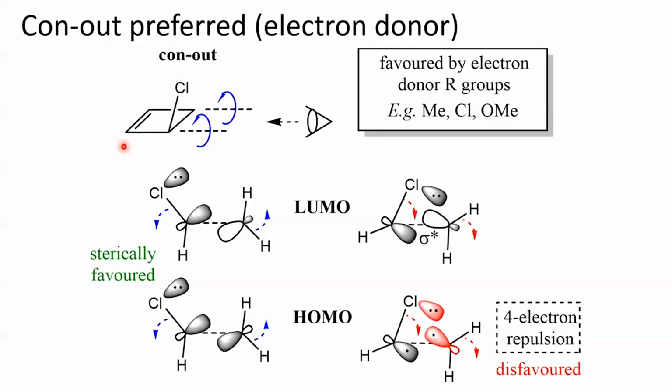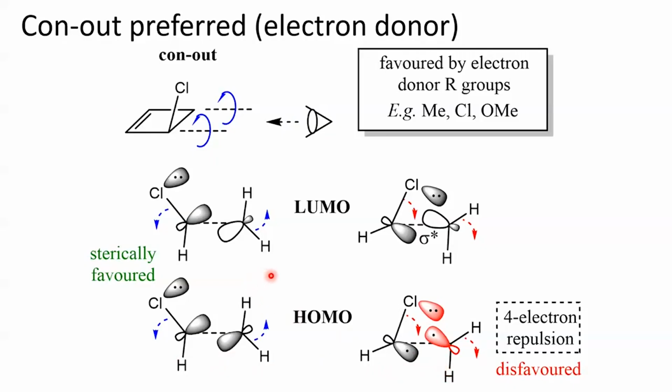If we were to look at this molecule following this direction of gaze shown here, so looking directly at this bond, we can see the reason as to why this is down here. The left is showing the con-out pathway, while the right is showing the con-in pathway.